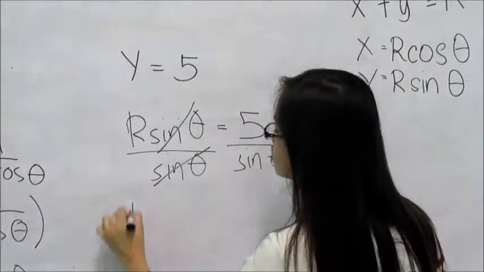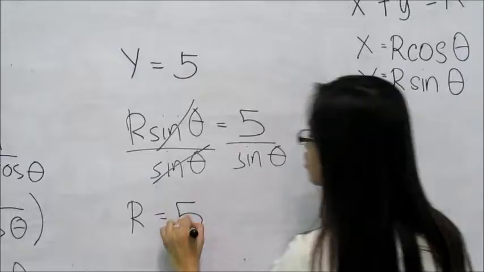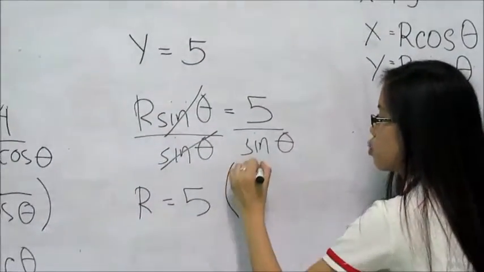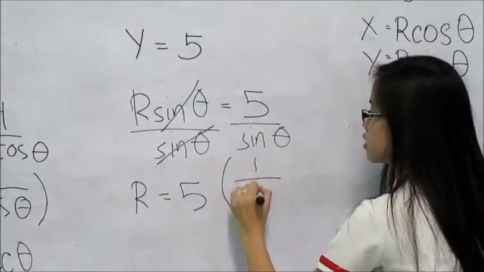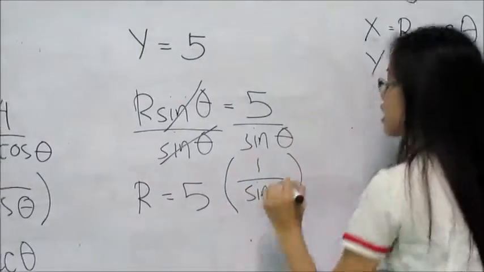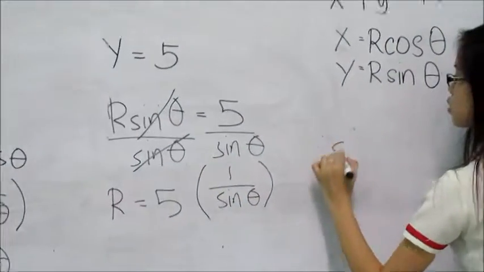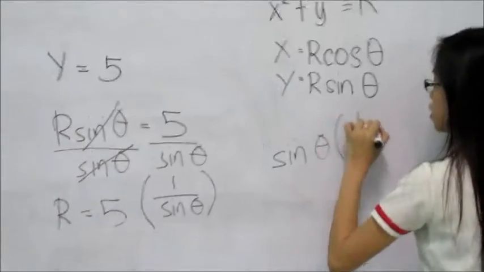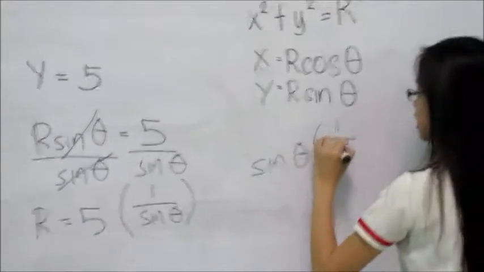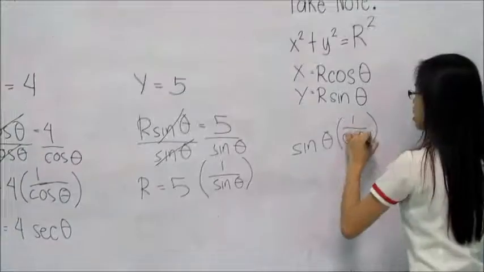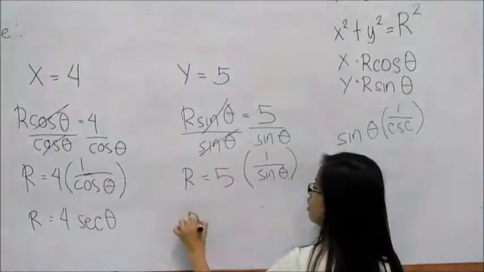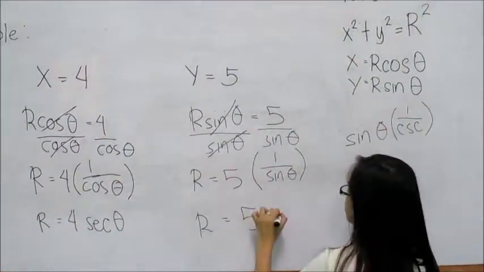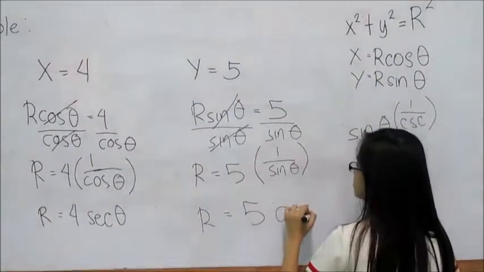So r is equal to 5 times 1 over sine theta. Since 1 over sine theta is equal to cosecant theta, then our r will be r is equal to 5 cosecant theta.